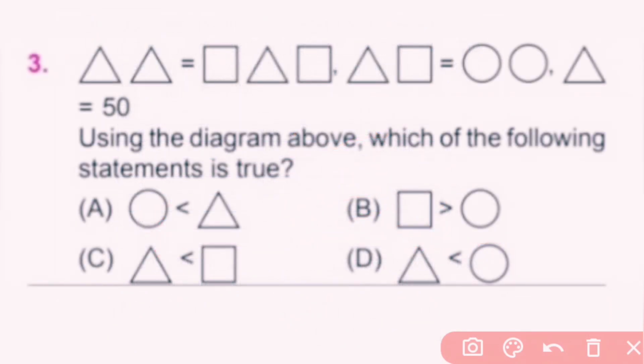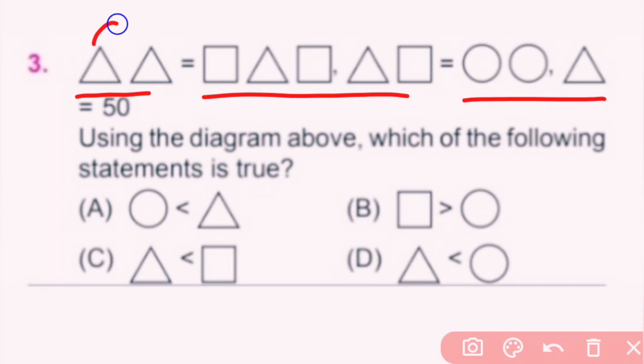Question number 3. 2 triangle is equal to square, triangle square, triangle square is equal to 2 circle, triangle is equal to 50. Here given all these are equal to 50. If 2 triangle is equal to 50, then 1 triangle will be 25. So here triangle is 25.